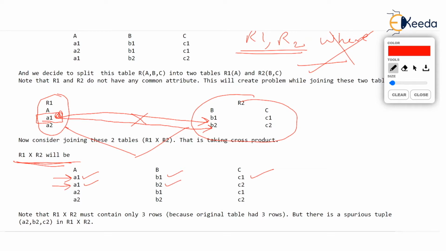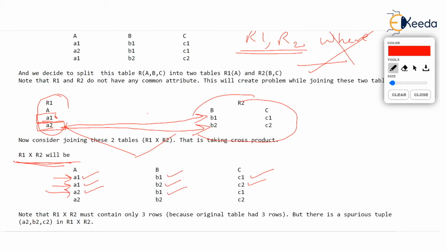Again, you watch the cross product. The second row over here, A2, will be combined with the first row, and second row will be combined with the second row. So we will get A2, B1, C1 and A2, B2, C2. This is what we have got after we have found cross product of R1 cross R2.